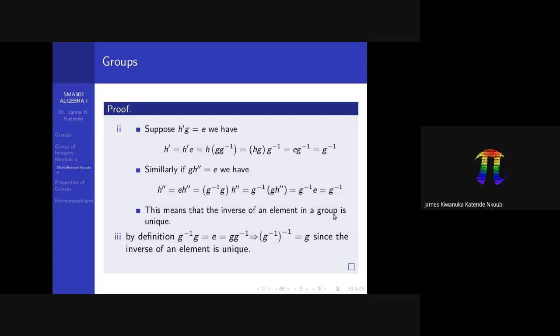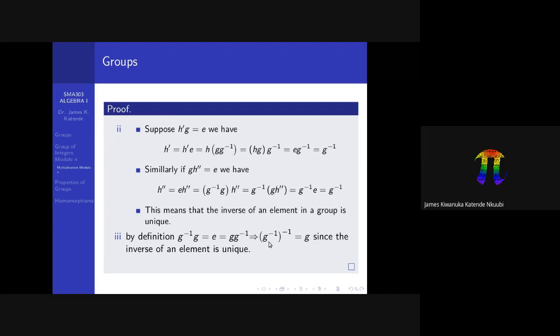The last statement was to check that the inverse of G inverse is equal to G. So the way to check that is as follows. If I'm told that this thing is the inverse of this one, how I check that is just by multiplying them. And if I multiply them, I should get the identity.